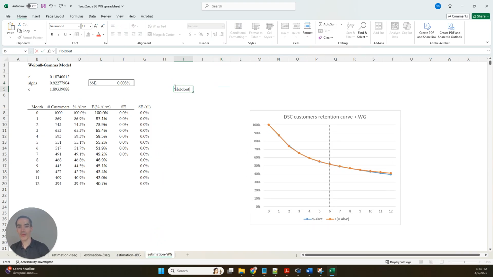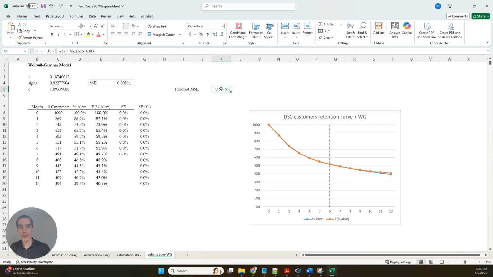And now how about for the Weibull-Gamma model, which again has 3 parameters. This one has the same number of parameters as the two-segment model. The SBG had 1 fewer. So here we can see the MSE is 0.0076%.